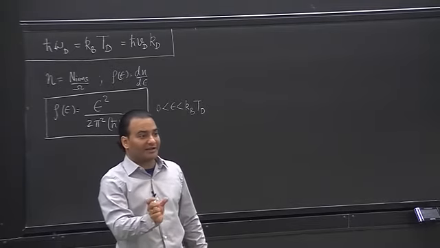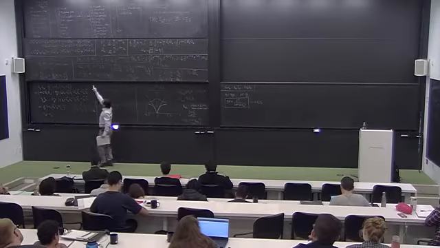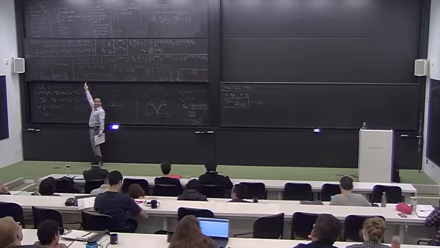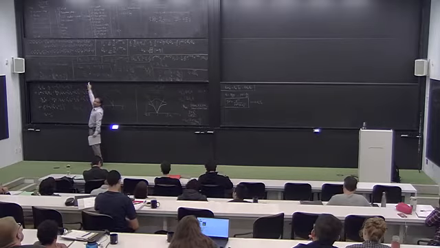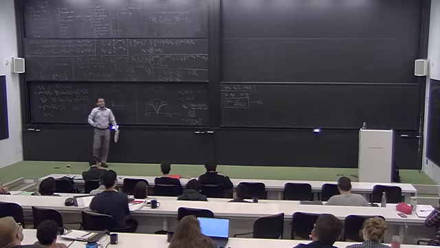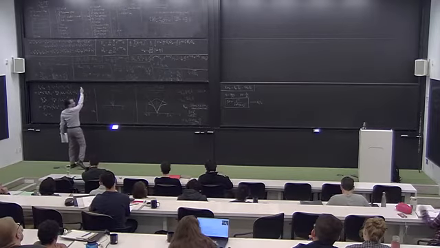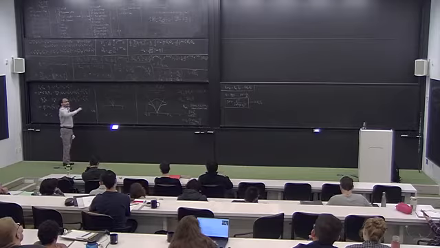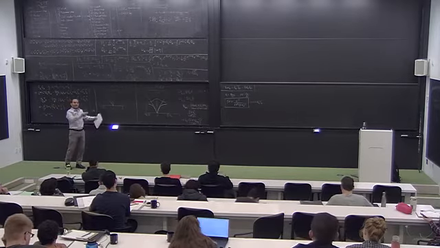The distance between two neighboring k values in x is 2 pi over Lx. Similarly, the difference between two k vectors in y is 2 pi over Ly, then 2 pi over Lz.